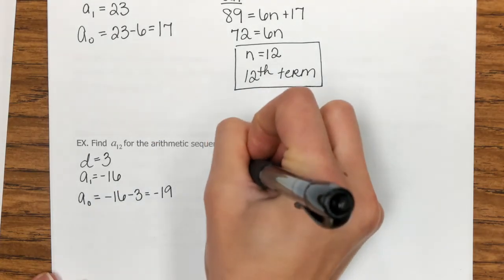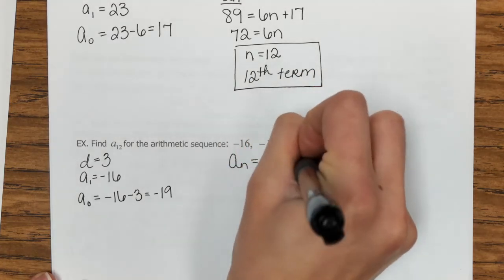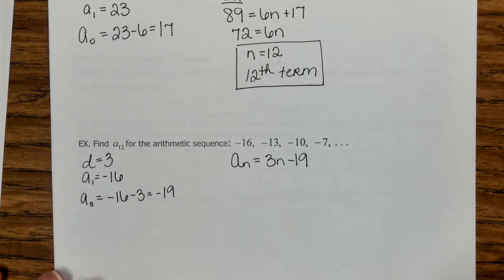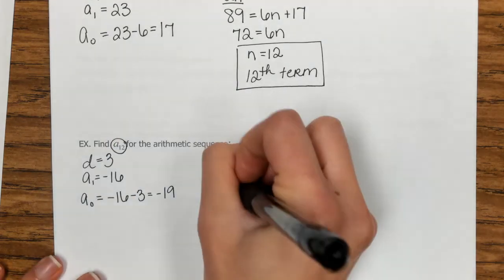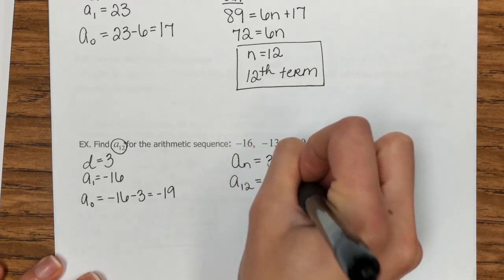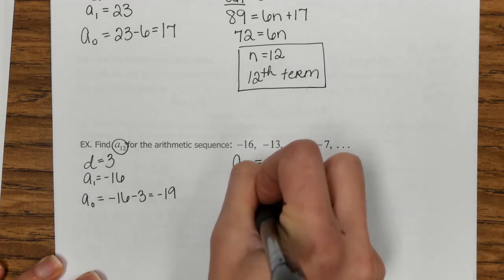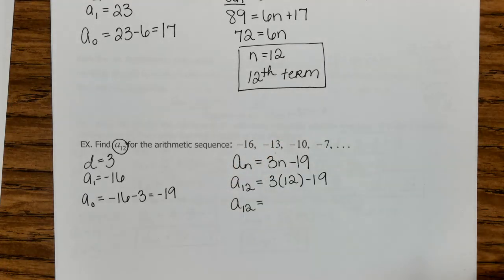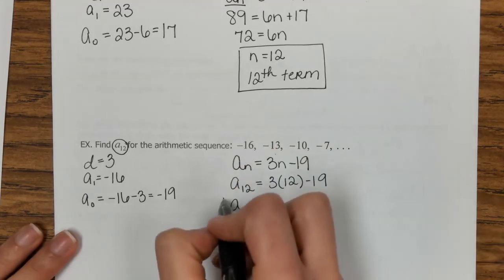So my equation is AN equals 3N minus 19. If I'm solving for A12, I'm going to plug in 12 for my N. Three times 12 is 36. 36 minus 19, 17.